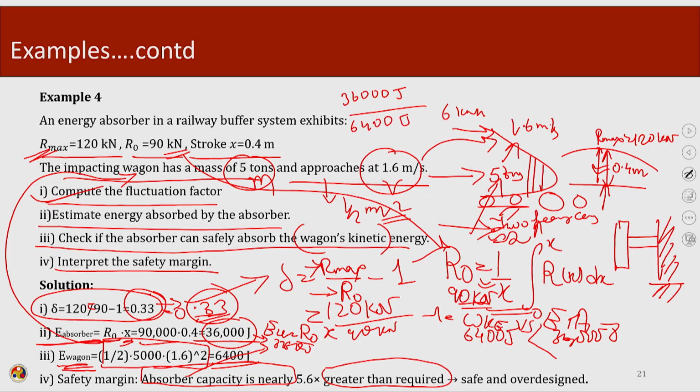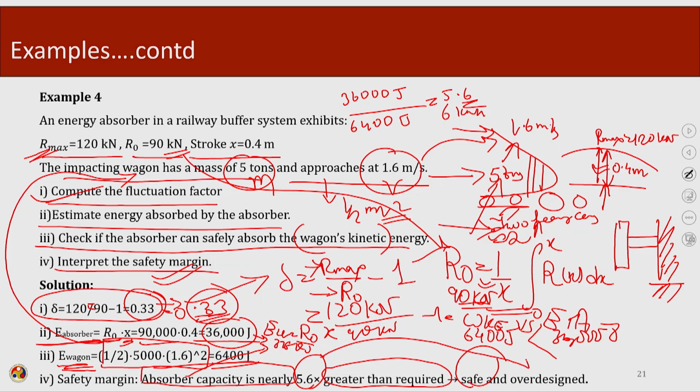So, this ratio comes out to be 5.6. It means that the energy absorption capacity is 5.6 times greater than the required. So, the system is safe, since this ratio is 5.6, nearly 5.5 times.